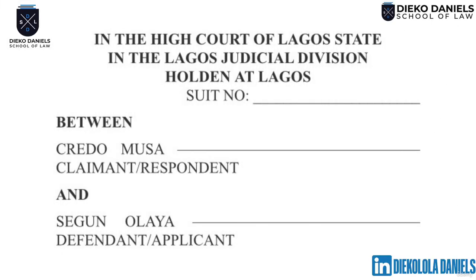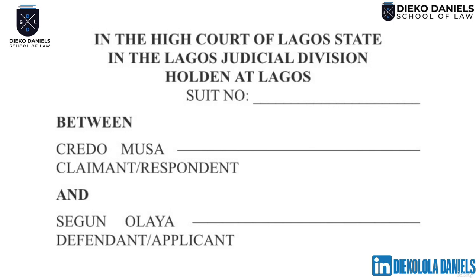So now the first thing that we talk about is the heading of the court. In the High Court of Lagos, in the Lagos Judicial Division holding at Lagos. You need to know how to properly draft this heading. And I told you that if you want to learn more about the jurisdiction, what court is supposed to have jurisdiction, and under what court you are supposed to go and have this your heading, you have to watch our class on Module 2, that is Civil Jurisdiction of Courts.